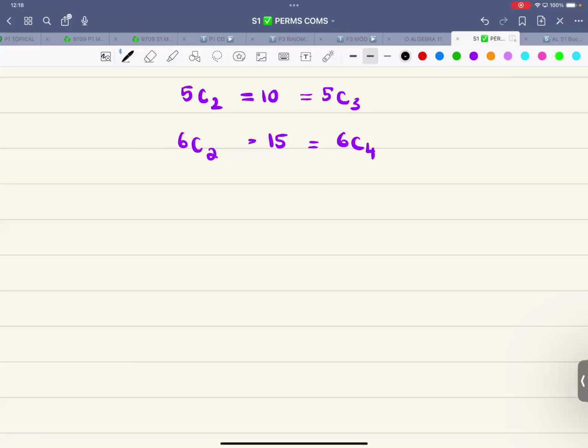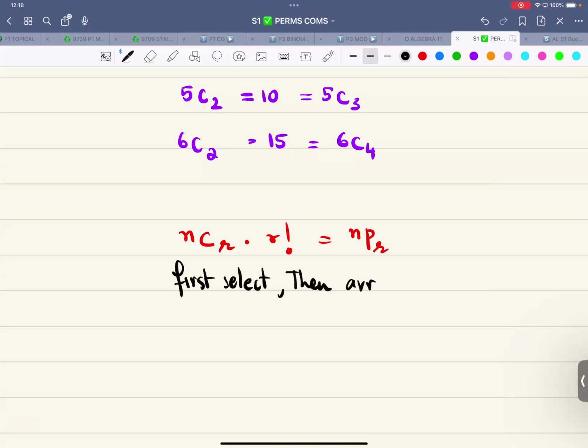And one other property that relates nCr and nPr is nCr into r factorial is nPr. It means first select, then arrange. That is the same thing as arrangement, permutation. In order to arrange something, you need to first select it.